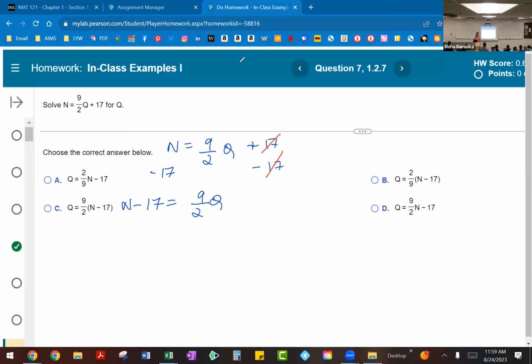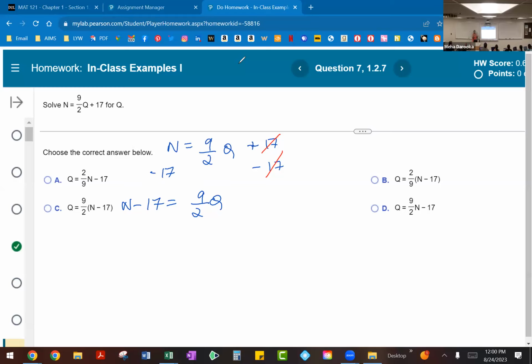All right, what would we move next? So we've already moved the 17, right? Now we're trying to get q by itself. So what's the next number we need to move to isolate that q? And how would we move the 9/2?